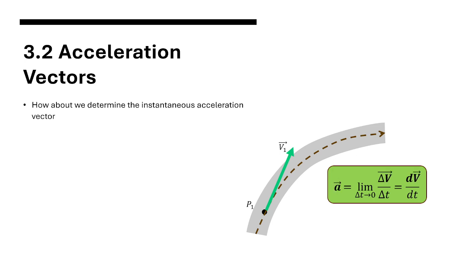We're going to use this for our instantaneous acceleration. We're just going to change the position to velocity and velocity into acceleration. So this is our instantaneous acceleration vector. As I said a while ago, if v2 approaches v1, the difference will be moving closer and closer to zero, as is the change in time.